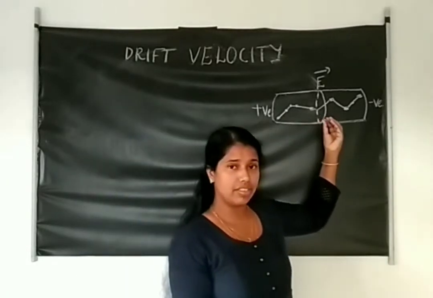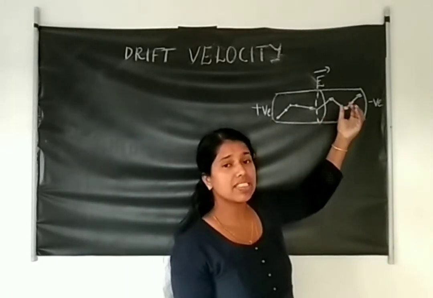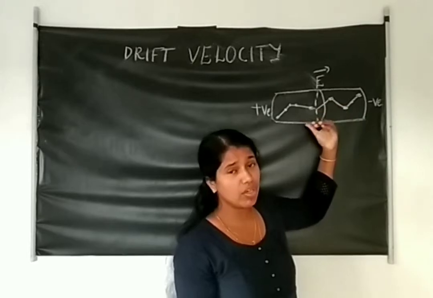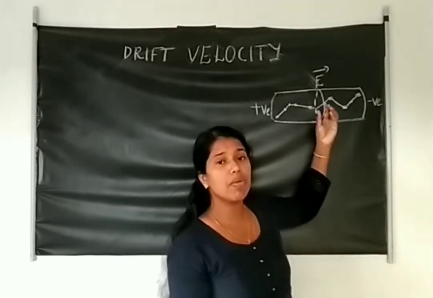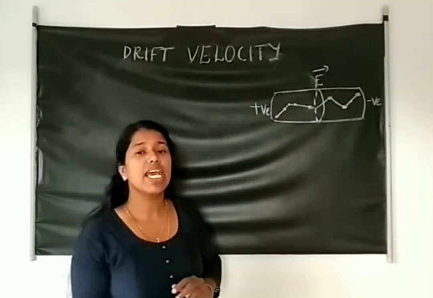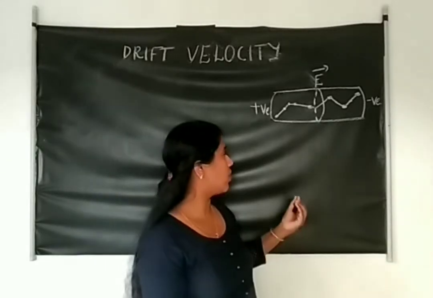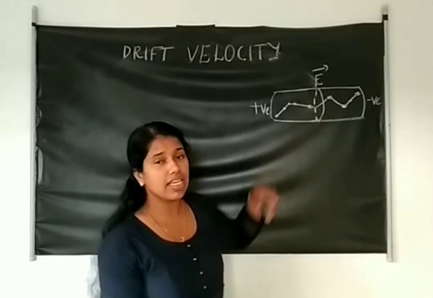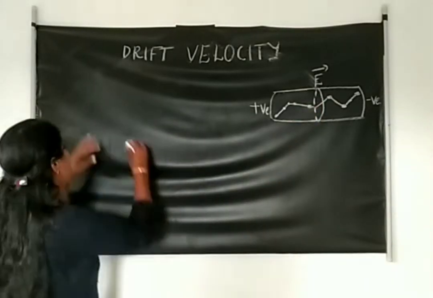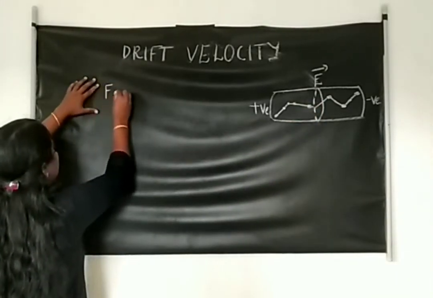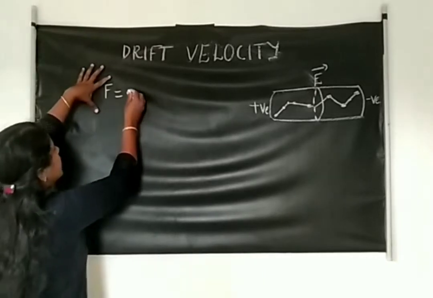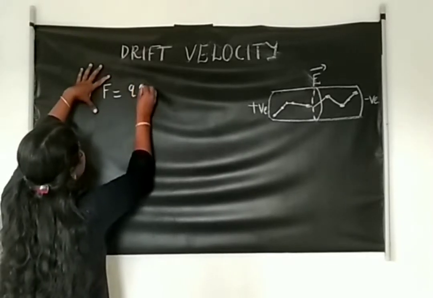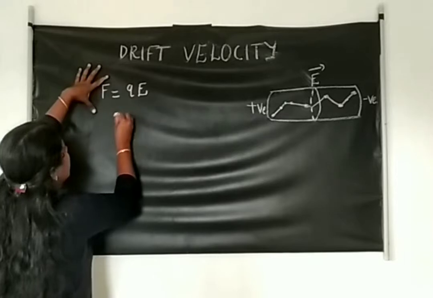Consider a conductor in the presence of an external electric field. We know the force experienced by an electron in the presence of an applied external electric field is F = qE.